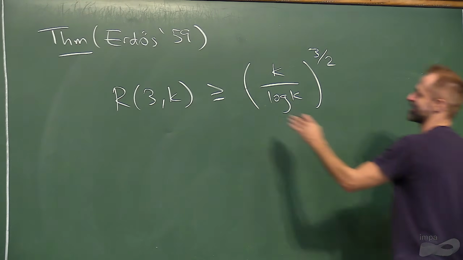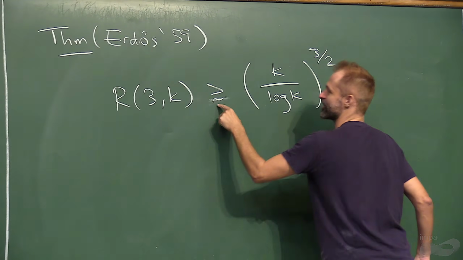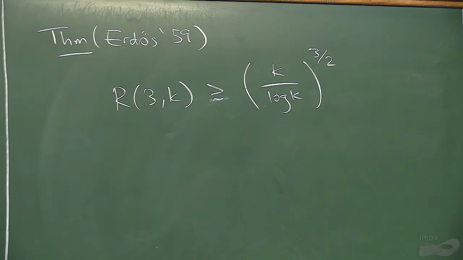Maybe there's a constant factor here, so I'll write this to mean I'm throwing away constant factors. Coming up with a particular construction was difficult. Let's not try to do that. Let's do something easier.